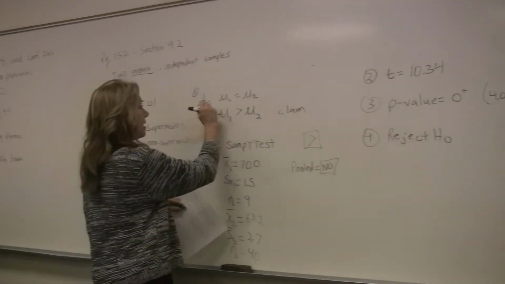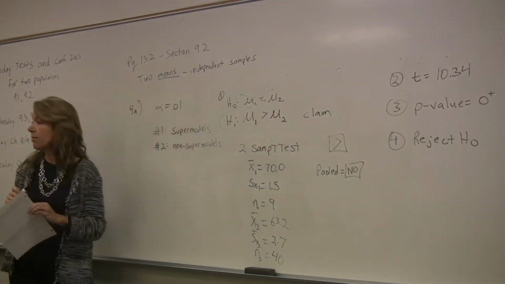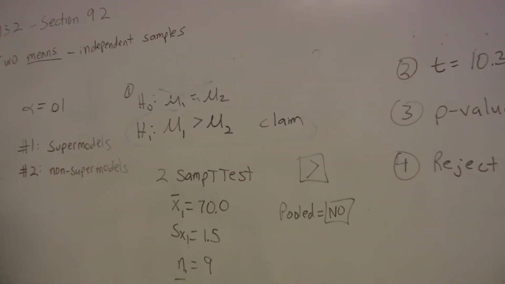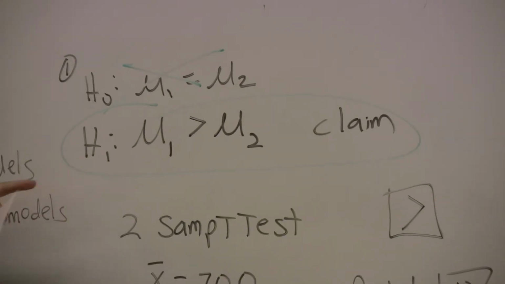And if we reject H0, we're going to support, there's a question. We have evidence to support the claim, Ariana saying. We agree with that? Because we rejected H0, we have evidence to support this claim.